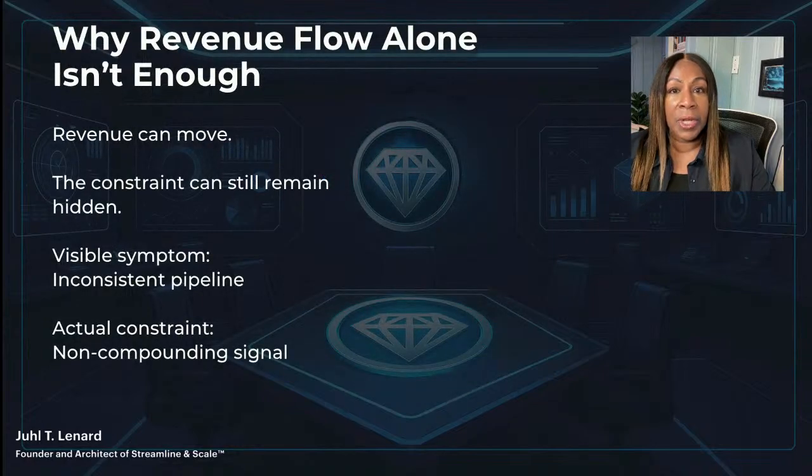The next thing to understand is that revenue flow alone is not enough. Revenue can move, but constraints can still remain hidden, invisible. The visible symptom is inconsistent pipeline. The actual constraint is a non-compounding signal.